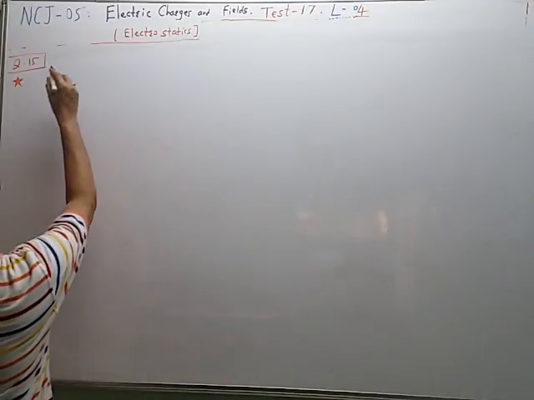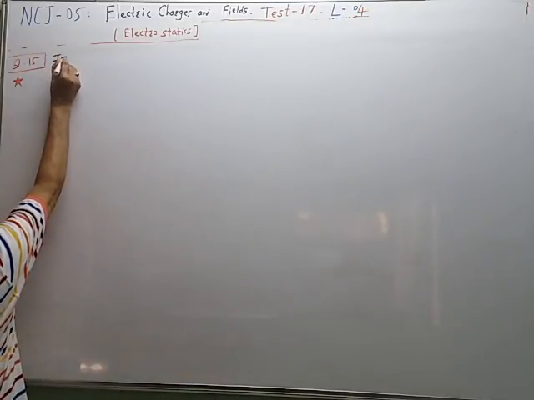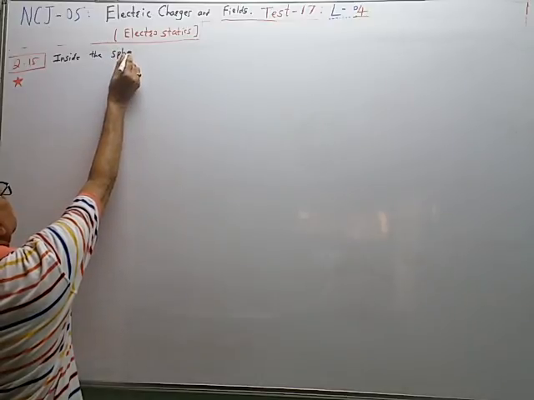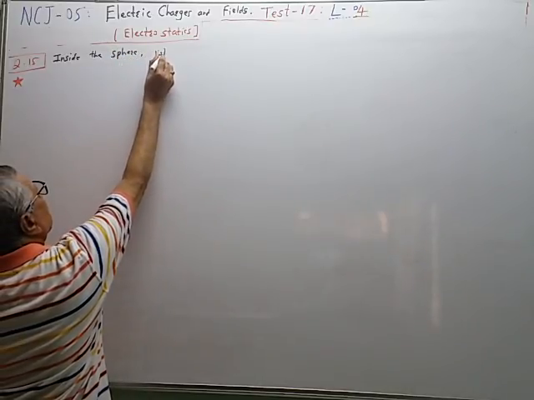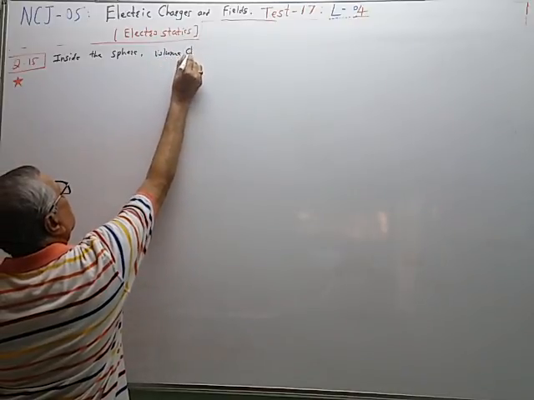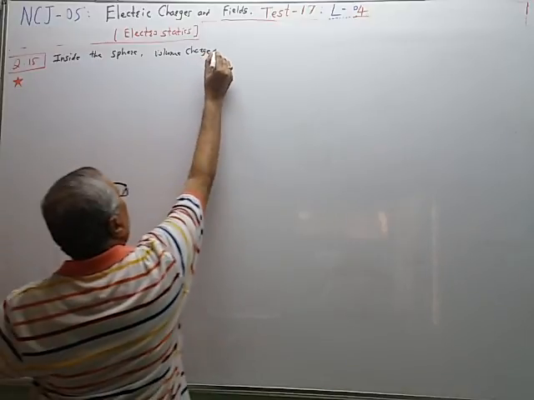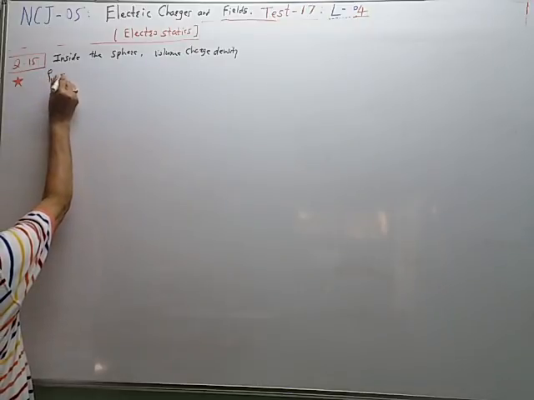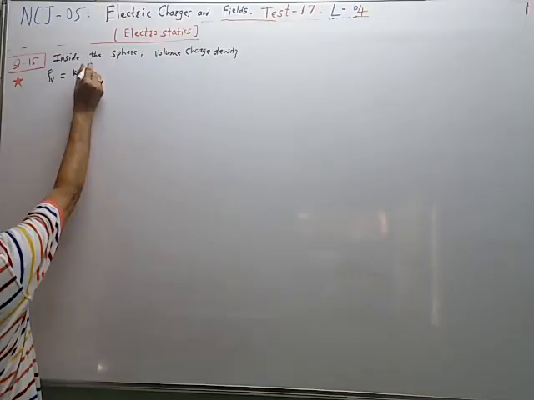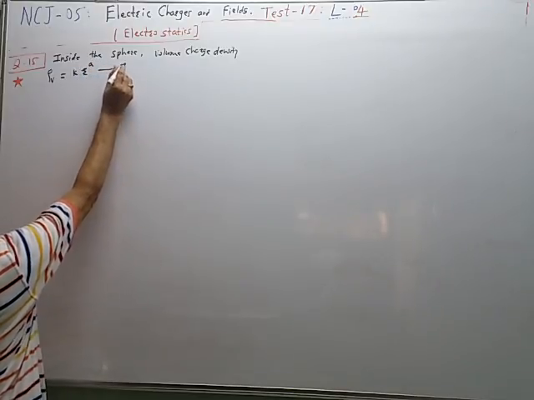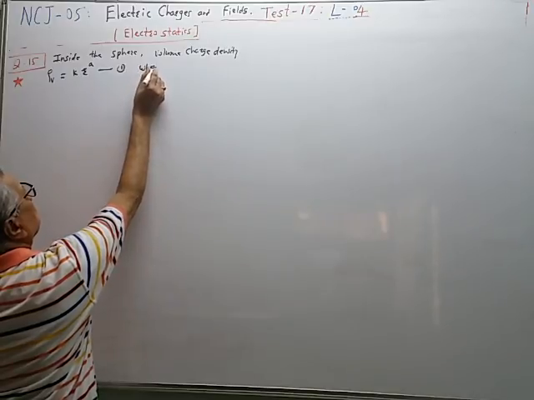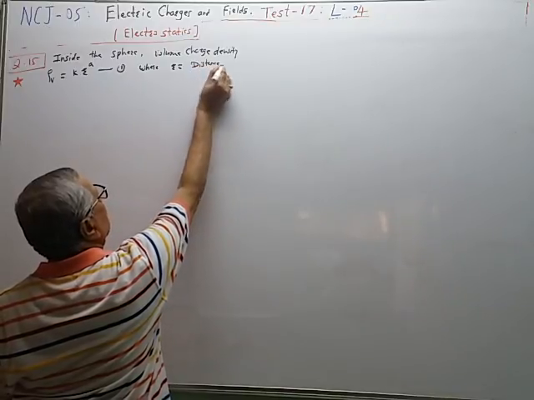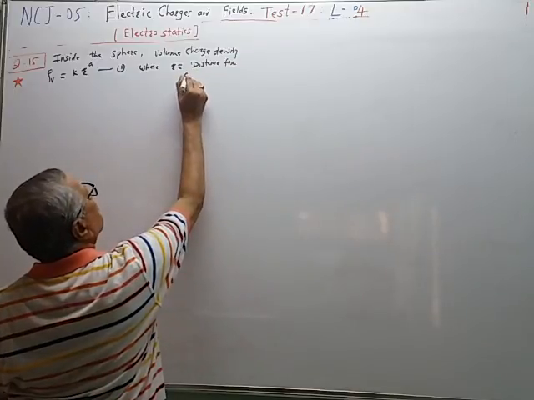So inside the sphere, volume charge density rho v is equal to K into r raised to A. This is equation 1, where r is the distance from the center of the sphere.